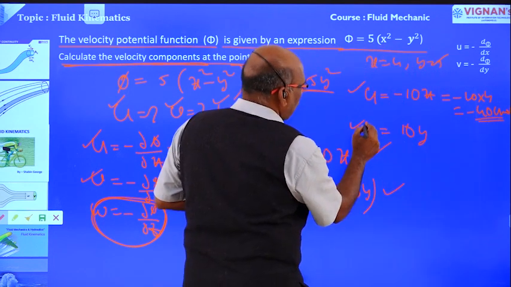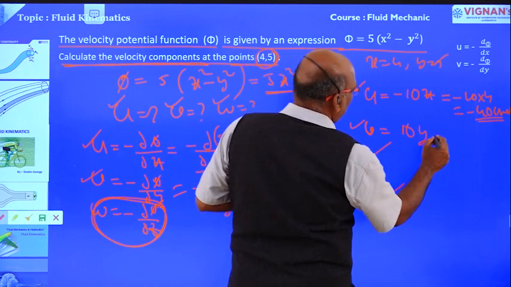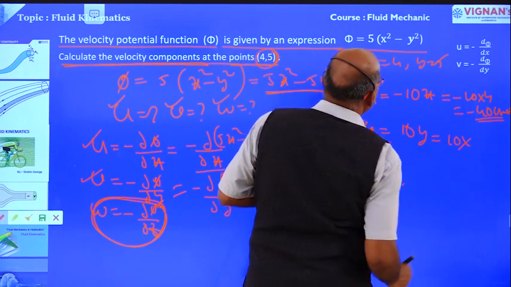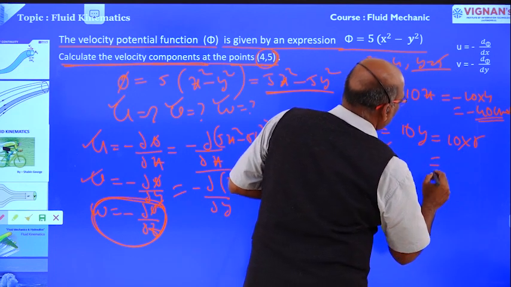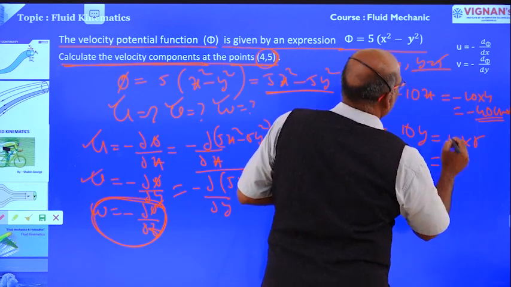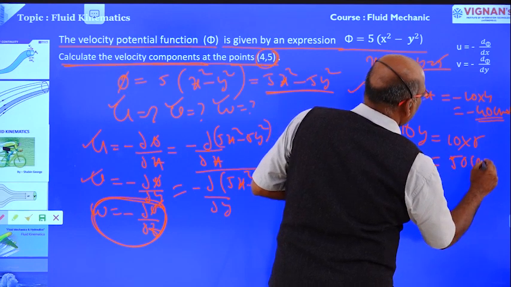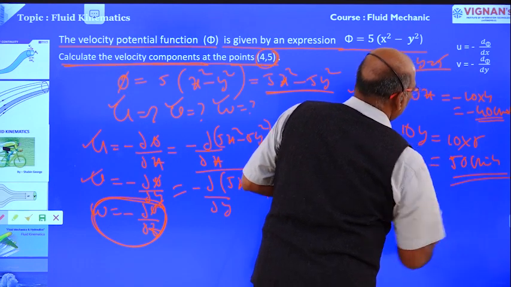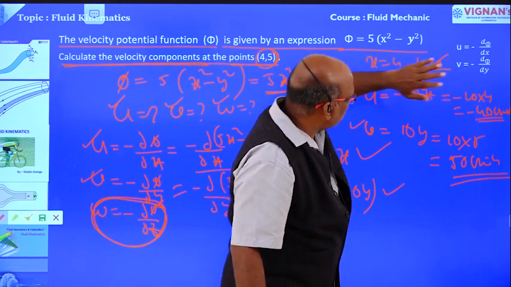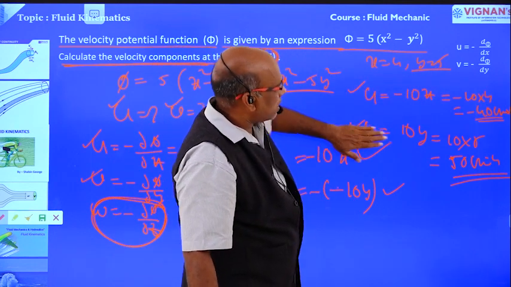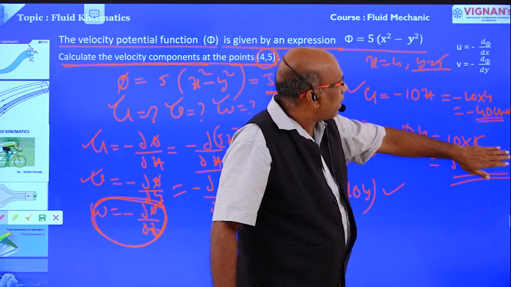Whereas v, the velocity component in y direction, is equal to 10y, 10 into 5, which is equal to 50 units. Right? The velocity component in x direction is minus 40 units, and the velocity component in y direction is 50 units.